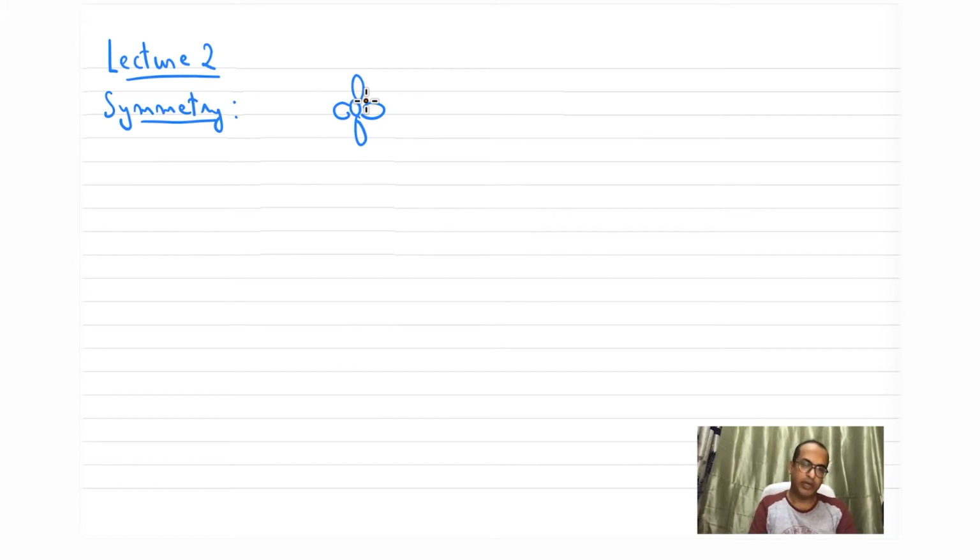So in this course particularly, we will be looking at symmetry in molecules, and then we'll try to understand what are symmetry elements and what are symmetry operations. So we'll be defining these terms today, and then on the basis of symmetry elements and symmetry operations, can we classify molecules and group them and then correlate it with physical properties.